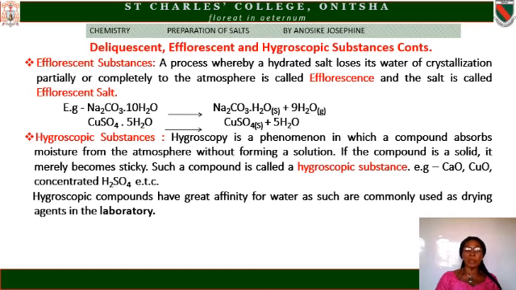While the other one, even though it is partial, it is still a hydrated salt. So compounds of this nature that lose water to the atmosphere are called efflorescent substances or efflorescent salts, and that phenomenon is efflorescence. Then the third group and the final one is the one we call the hygroscopic substances.